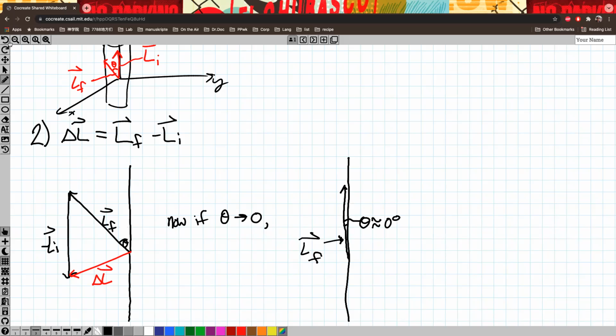I'm not going to draw the negative Li vector, but you know that it's going to be just vertical down like this.